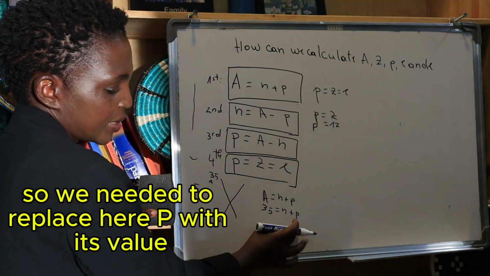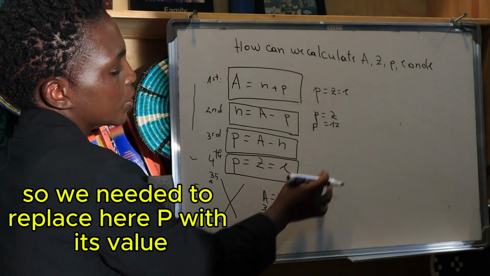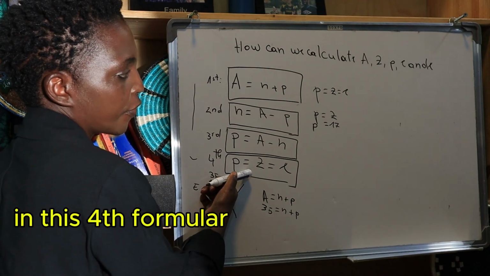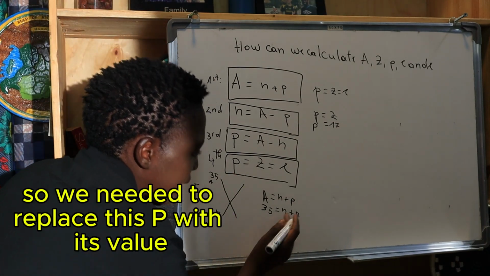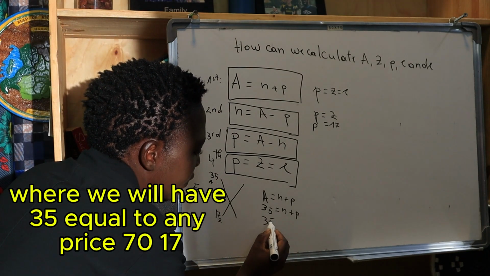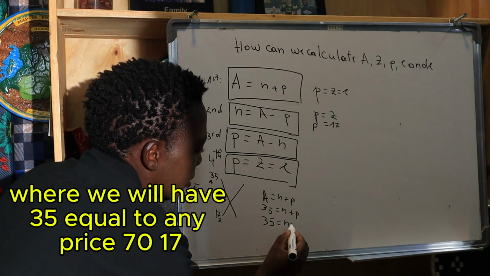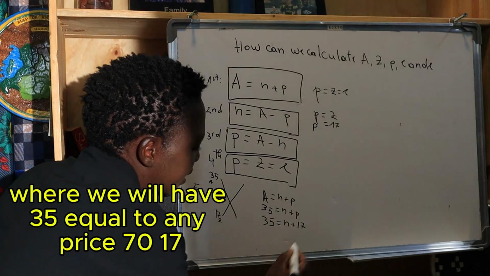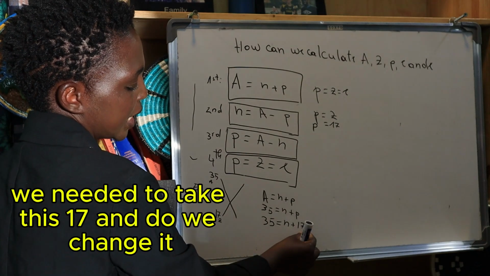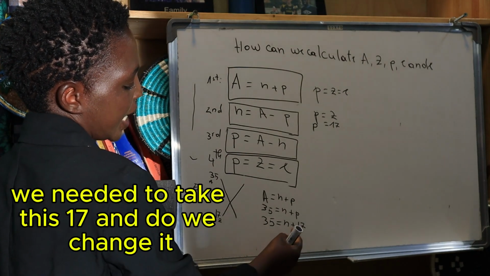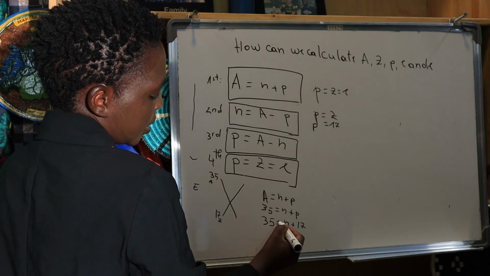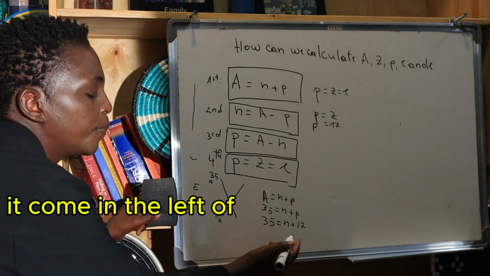So we replace P with its value, 17, in the first formula, where we have 35 equals N plus 17. To find N, we take this 17 and change its sign, because it moves from the right of the equal sign to the left.